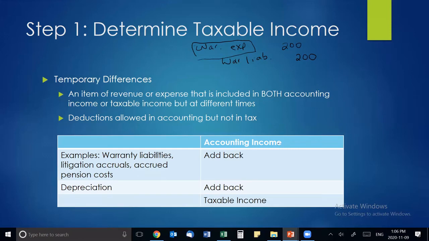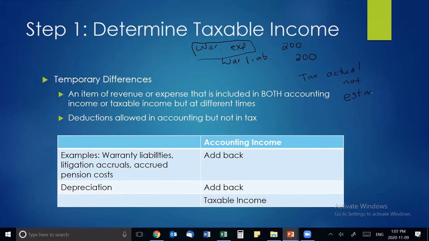For tax purposes, you're not allowed to, if you just think about the fact that you're not allowed to record estimates for tax purposes. For tax purposes, you have to record what actually happened, not estimated amounts. So this warranty expense, warranty liability journal entry you would do at the end of the year is an estimated amount. So for tax purposes, whatever actually happened is recorded, not estimates.